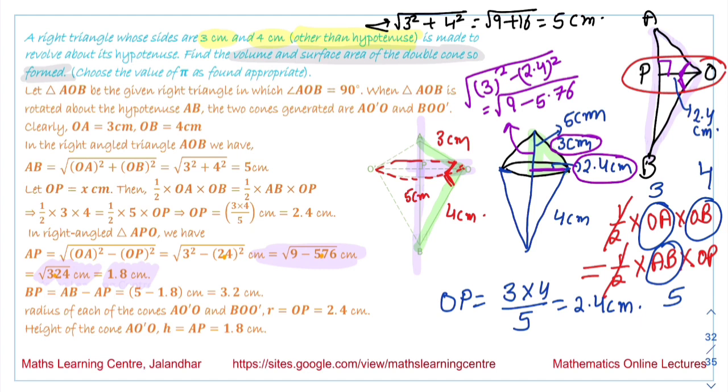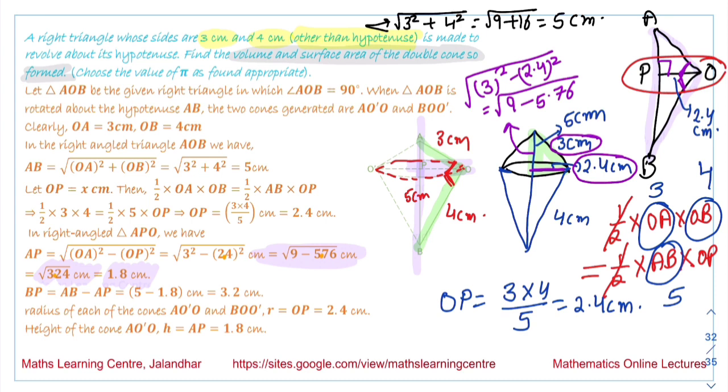The slant height of the lower cone is 4 centimeter. The height of this upper cone we have calculated, and it comes out to be 1.8 centimeter. The total height is 5 centimeter, that we have already calculated. So the height of this lower cone is 5 minus 1.8, and the answer comes out to be 3.2 centimeters.